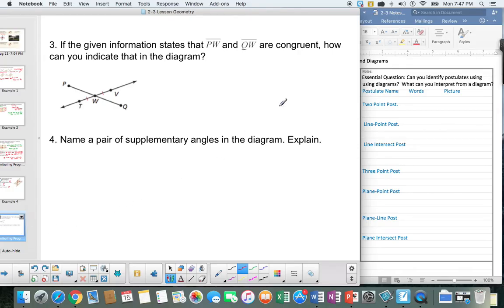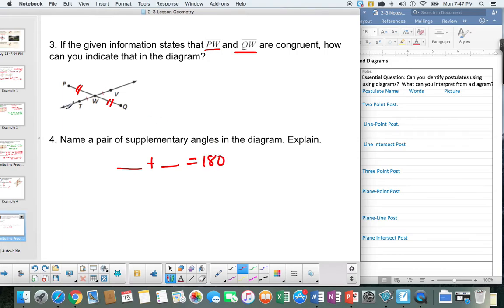If the given information says that PW and QW are congruent, how can you indicate that? For PW, I'm going to put 2 tick marks to distinguish from the 1 tick mark, and then I'm going to put 2 tick marks on the other segment so that I know that these go together. That's how we do it. Name a pair of supplementary angles in the diagram. Remember, supplementary means the two angles have to add up to 180.